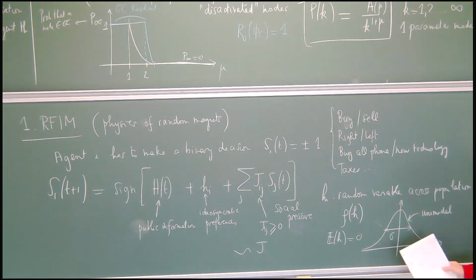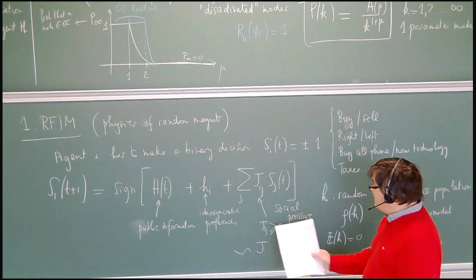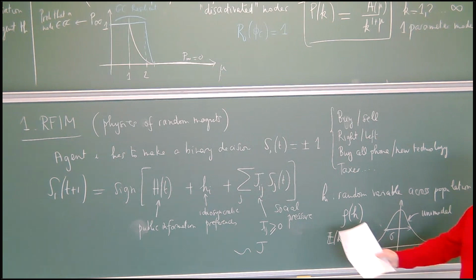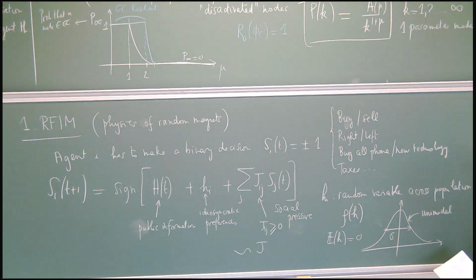Then you have two scales in the problem. One is sigma, and the other is J, and these two scales will give you a sense of whether heterogeneity of the population is dominant or whether social pressure is dominant. So we'll see that what matters is actually the ratio of these two scales, J over sigma.